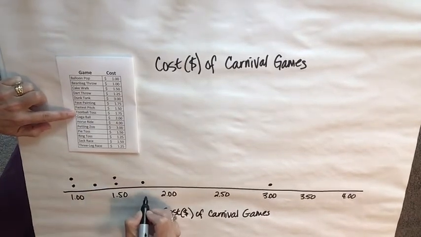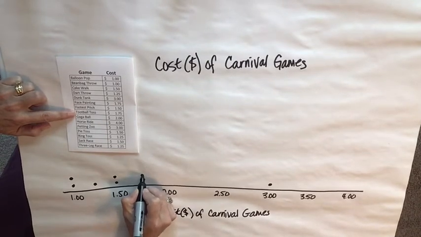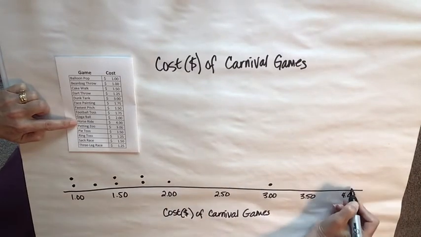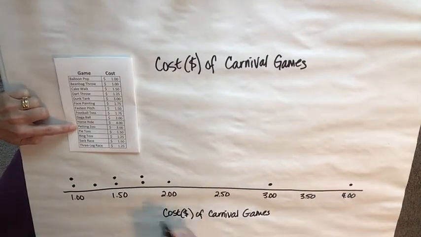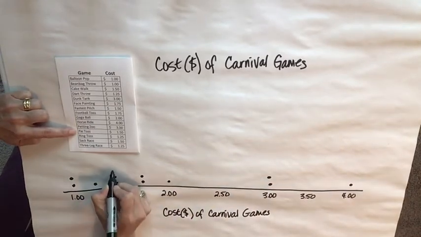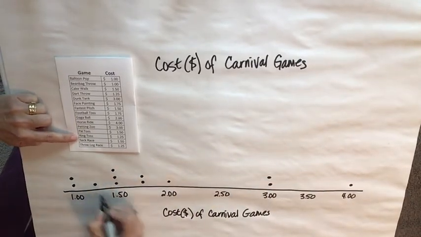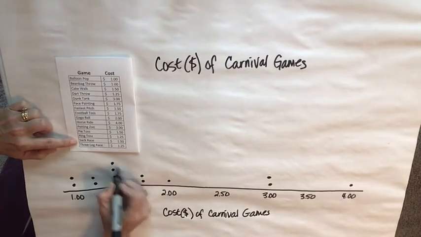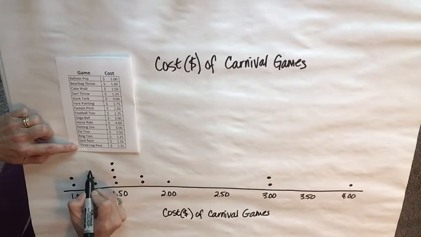Football toss is $1.75. Again, that's right here. Gaga ball, $2. Horse ride is $4. Petting zoo is $3. Pie toss is $1.50. Ring toss is $1.25. Sack race is $1.50. And the three-legged race is $1.25.